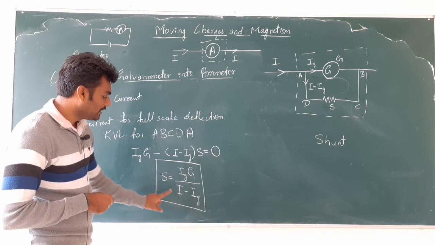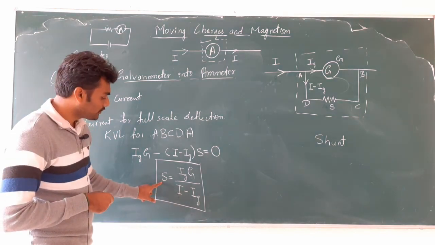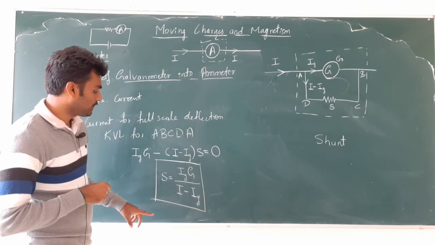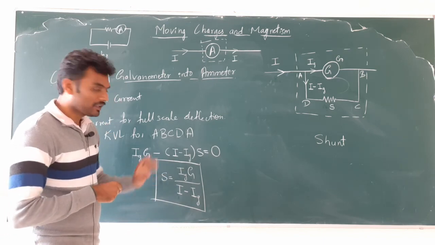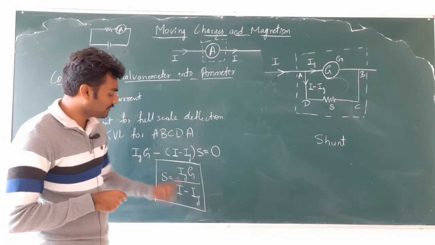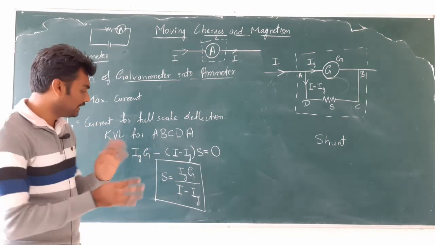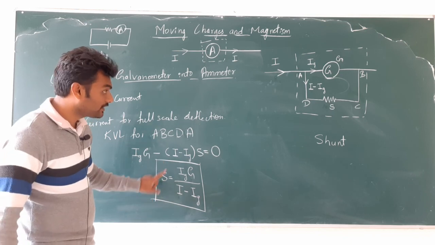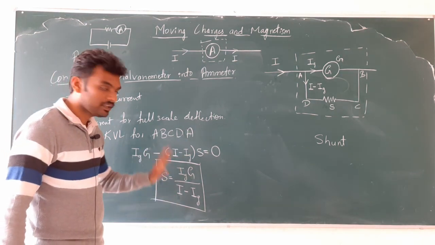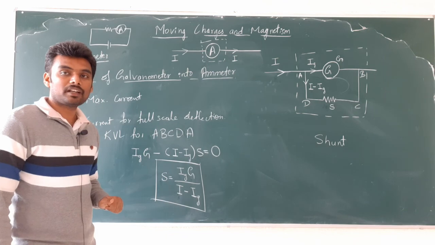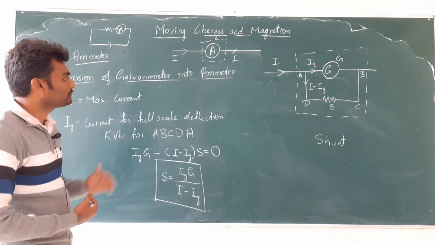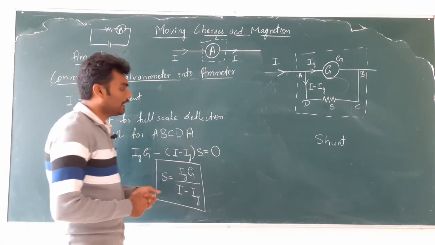If I decide certain current, I can choose certain proper shunt resistance, or if I decide particular shunt resistance, I can get the range of current that I need. They are interconnected, but the basic formula is we need to decide the shunt resistance which has to be connected depending on the range of current that we need to measure. So that is how we convert galvanometer into ammeter.